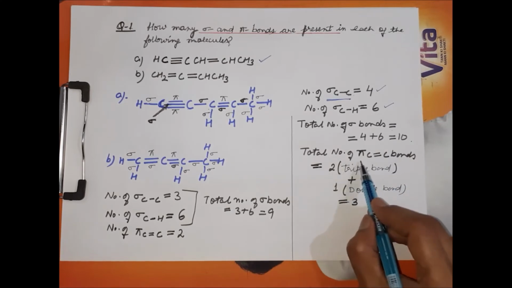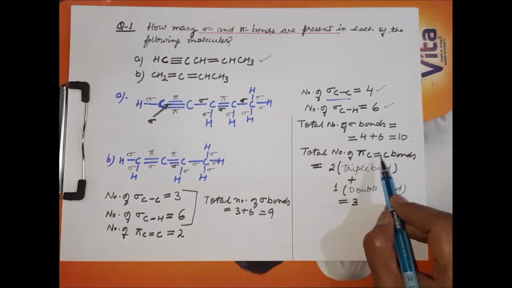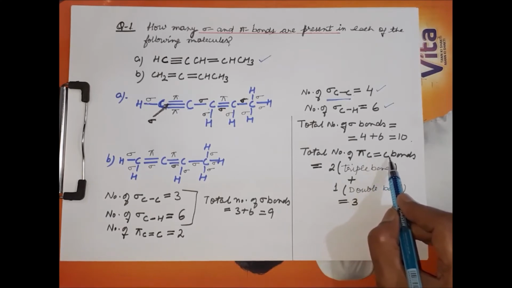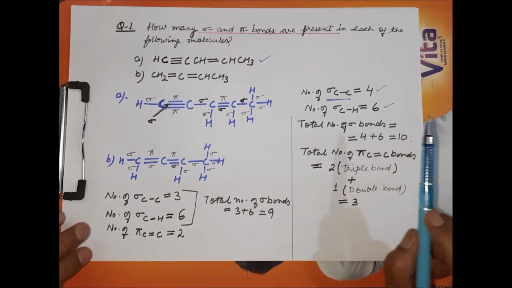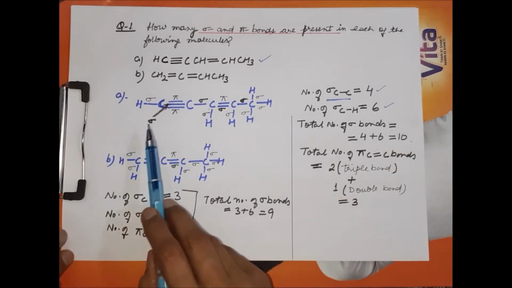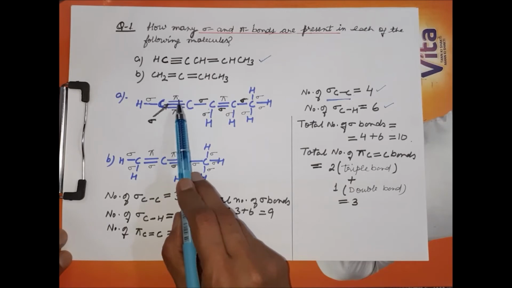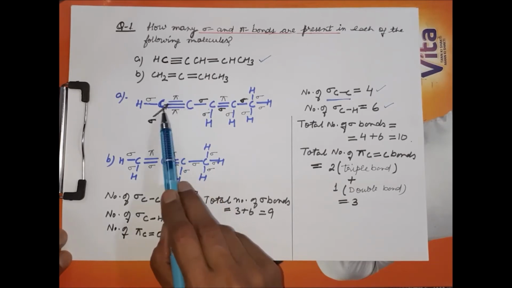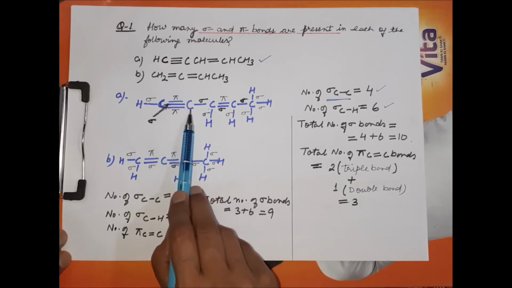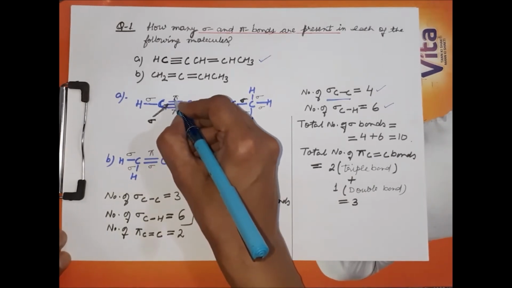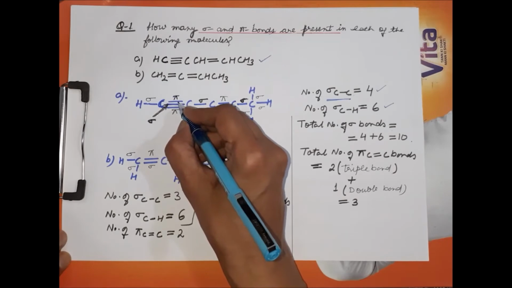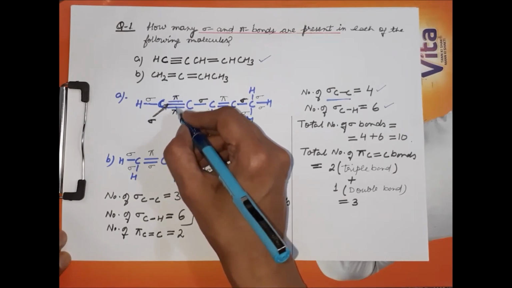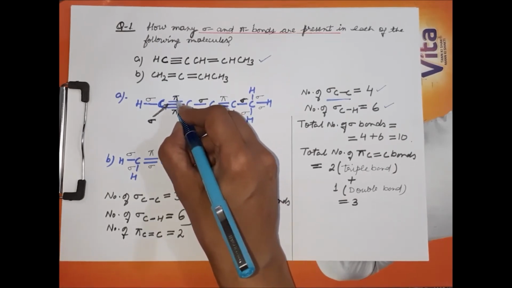Now after sigma, we will come to the pi bonds. Pi bonds between the two carbon atoms: here we can see this is a triple bond between these two carbon atoms. Among these, in this triple bond, only the upper one and the lower one, these two are the pi bonds.